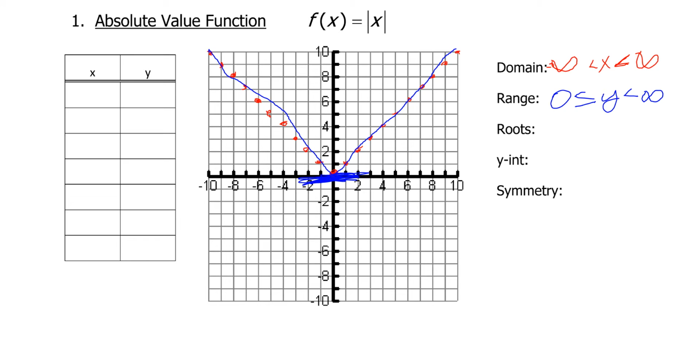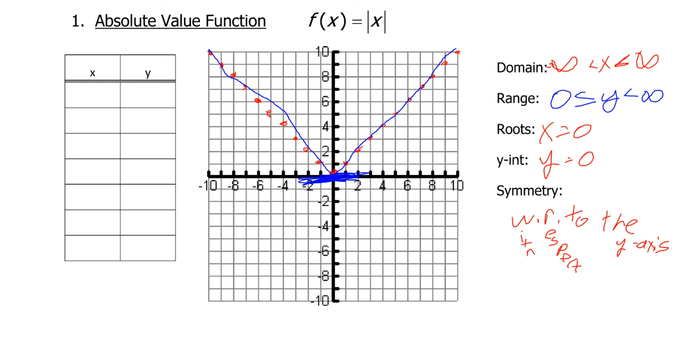The root for this one is going to be x equals 0, and the y-intercept is going to be y equals 0. This one is symmetric with respect to, and you'll see me use this abbreviation quite a few times, respect to the y-axis.